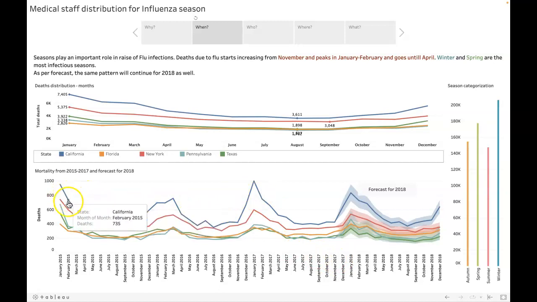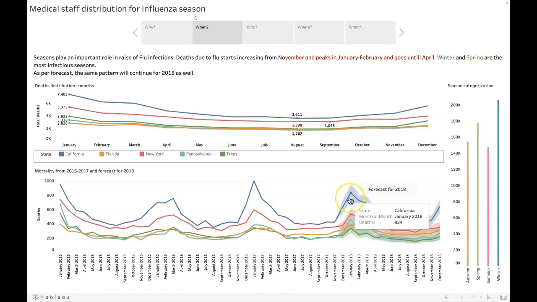The infections are high from January to March, and slowly decrease during May to September, October season, and then start increasing from November, stay high till March, and then decrease again.